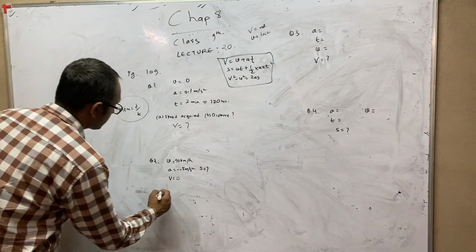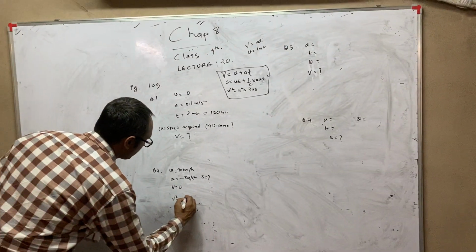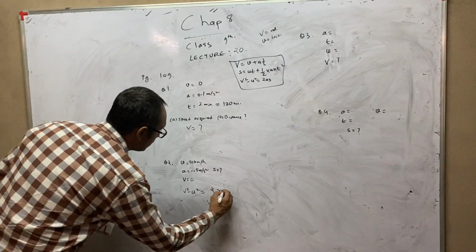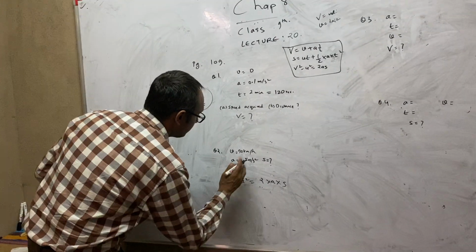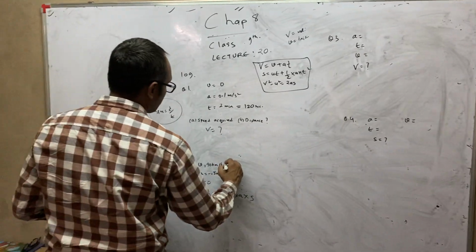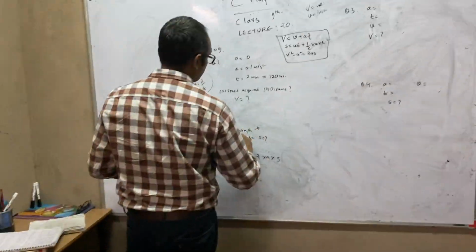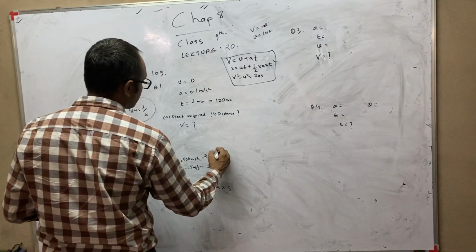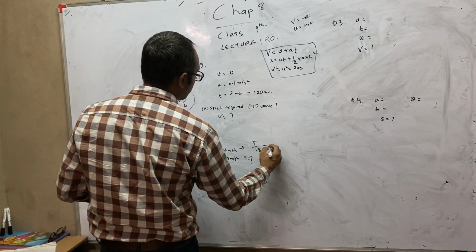So when you are doing this, suppose you write v square minus u square is equal to 2 into a into s. V is 0, so 0 square is 0. U, and of course u you have to remember to convert into meter per second. So you have to multiply this by 5 by 18 to convert.